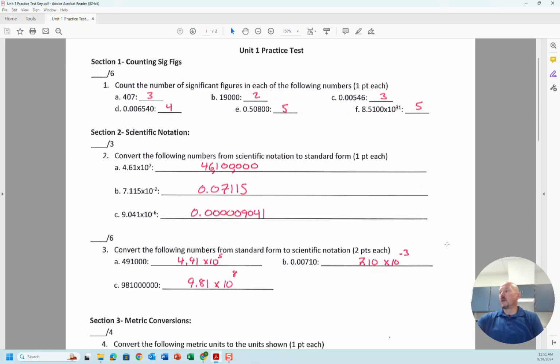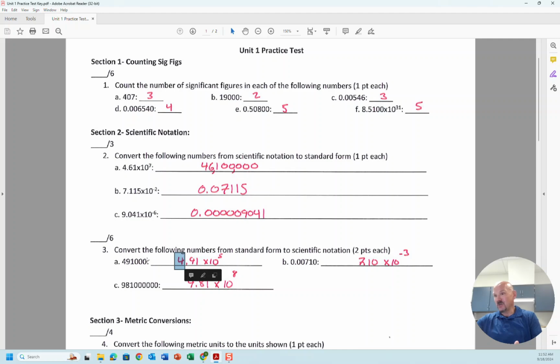Now going back the other way, just remember if the number's in standard notation and it's greater than 1, you're going to have a positive exponent here. If the number in standard notation is less than 1, you'll have a negative exponent. And it's really just how many spaces. Now remember, proper scientific notation has only one non-zero digit to the left of the decimal point.